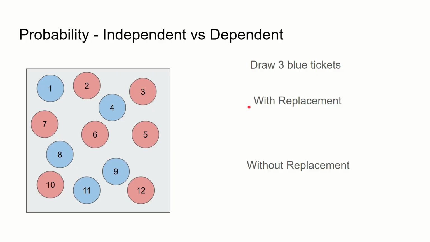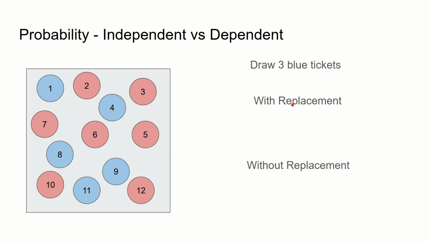So the probability will not change after each draw. But without replacement means that after we go in and we grab one, we will leave it out of the bag, and so what's remaining will have been influenced by what we took out. Let's say we take out a blue one, now there's only 4 blue ones left. So it's not 5 out of 12, it's now 4 out of 11 total.